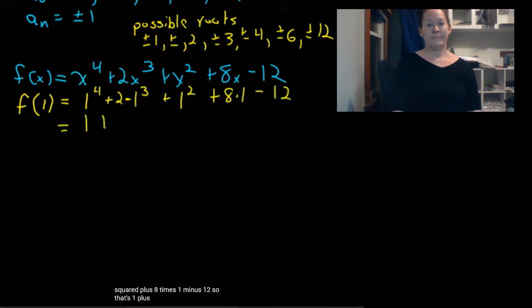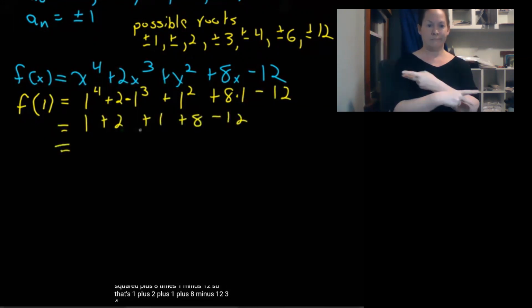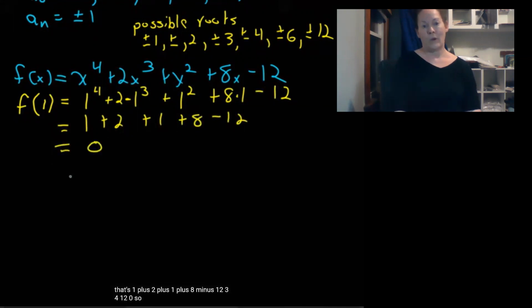So that's 1 plus 2 plus 1 plus 8 minus 12. 3, 4, 12, 0. So my first root, x equals 1.